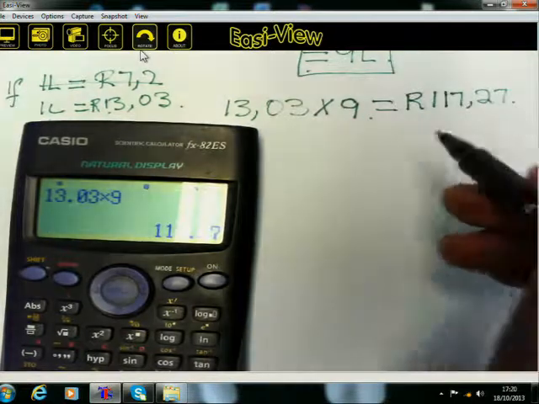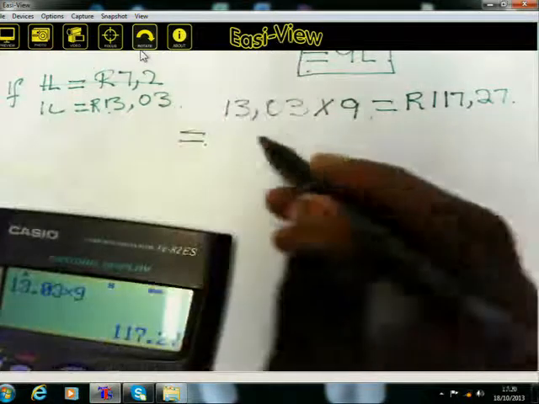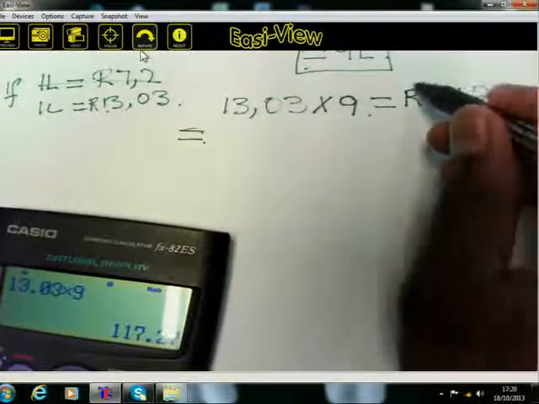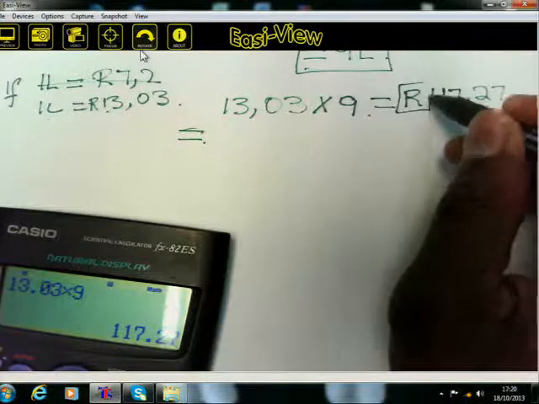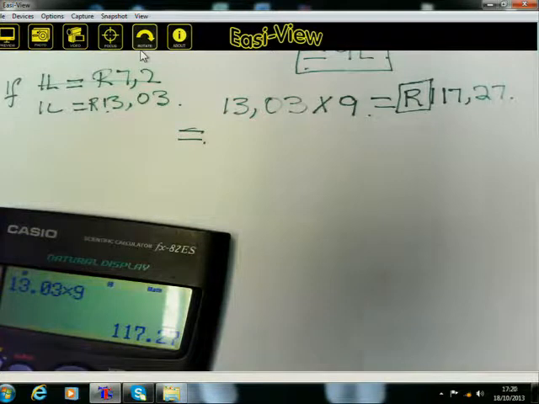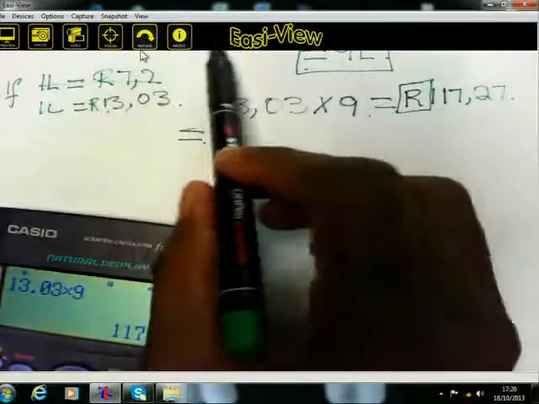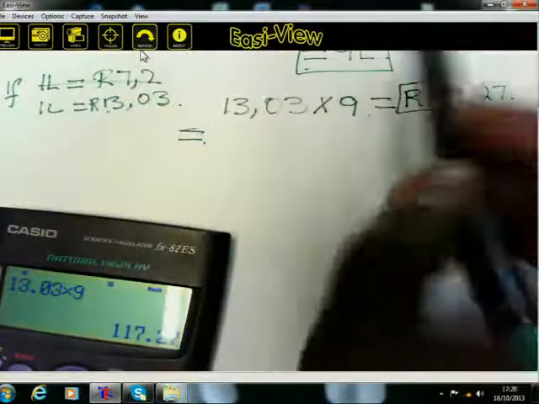Units are important because here we are looking for money. Then you must put a symbol for rand. Here we are looking for petrol, and remember that petrol is always measured in liters.